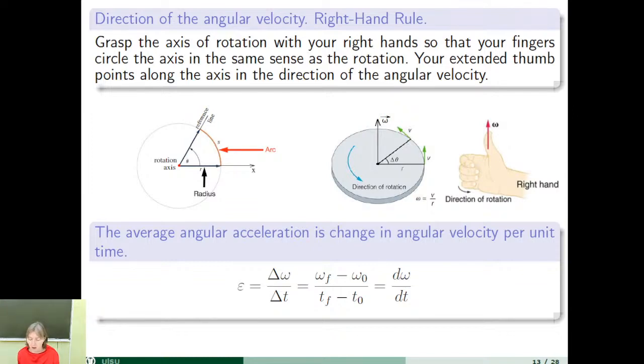Remember it. If the record were to rotate in the opposite sense, the right-hand rule would tell you that the angular velocity vector then points in the opposite direction. Now, angular displacements cannot be treated as vectors. Why not?